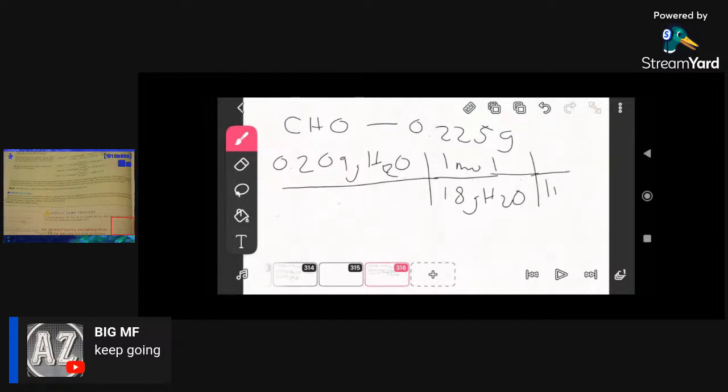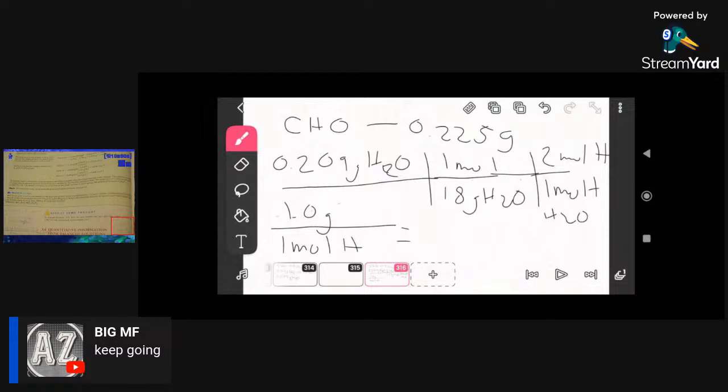And 1 mole of water has 2 moles of hydrogen. And then 1 mole of hydrogen weighs 1 gram.